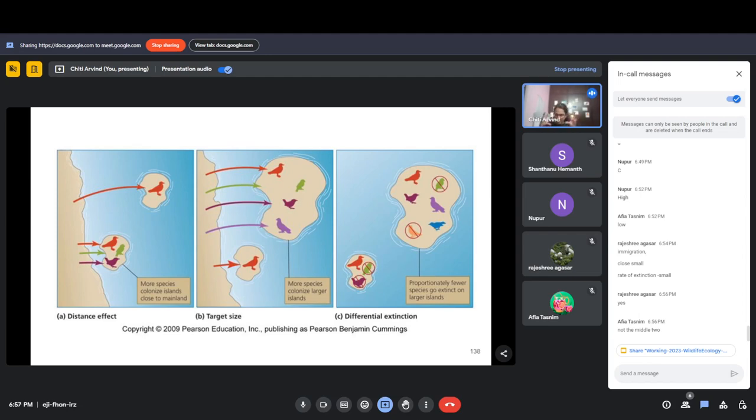So if you see the same island size, you have a larger number of individuals colonizing closer islands than further islands. If you look at island size, a large number of species colonize larger islands because they have larger area than smaller islands, right? And you have proportionately fewer species going extinct on larger islands than on smaller islands, right?